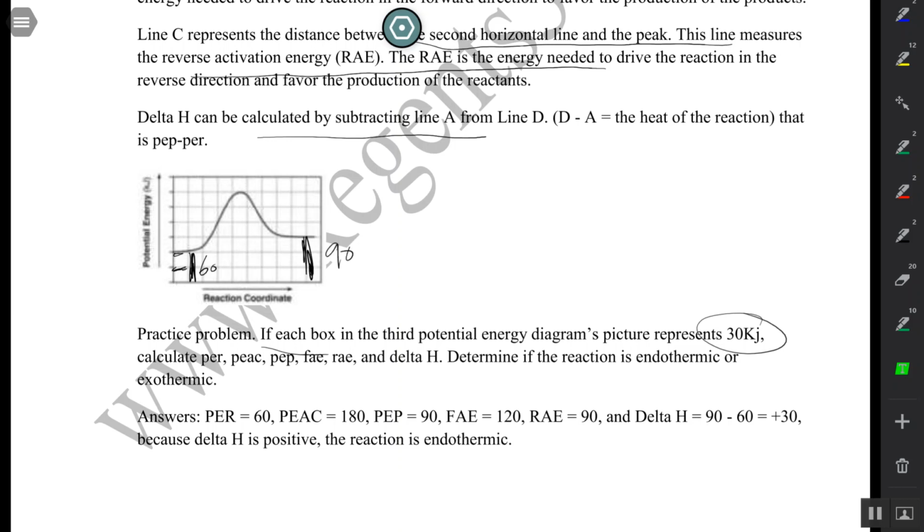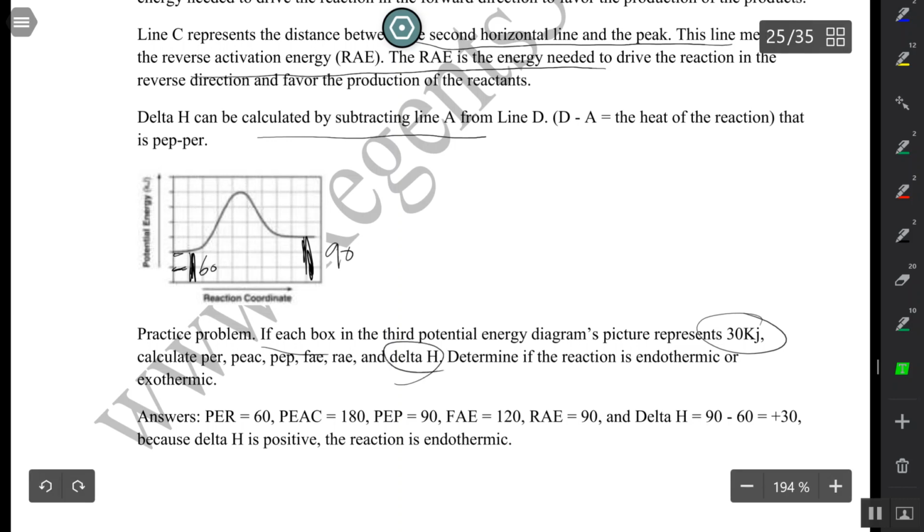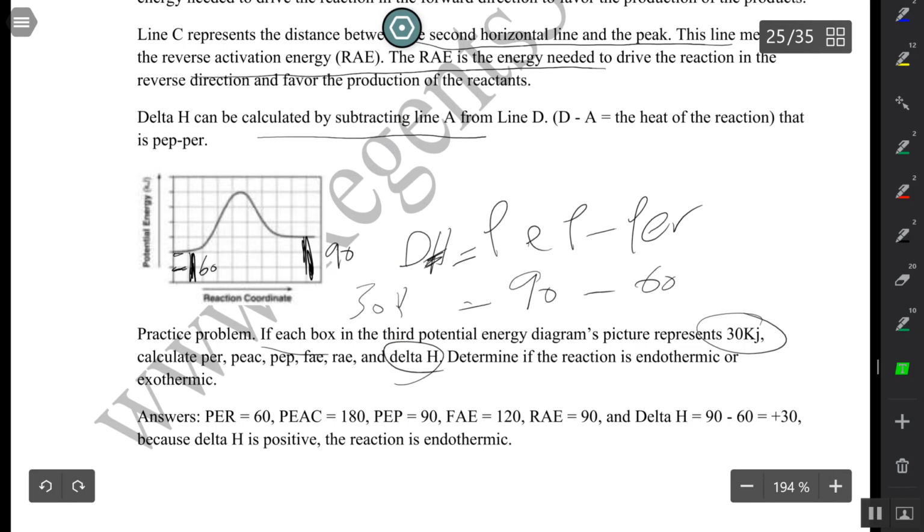So to calculate the heat of the reaction, that would be 90 minus 60, and you'll get your delta H to be 30 kilojoules.